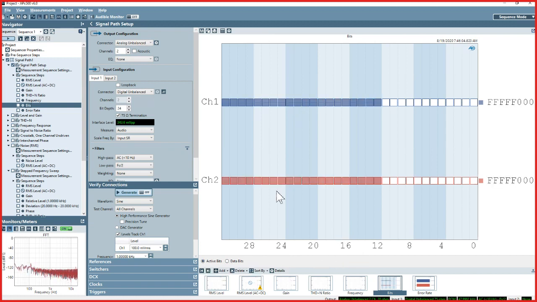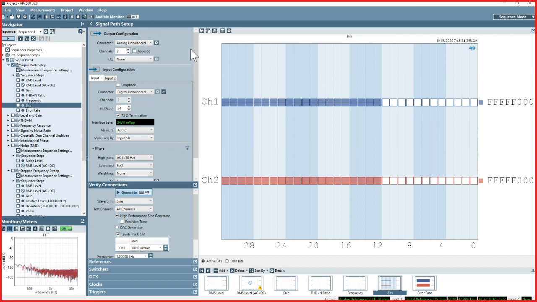Active bits fills in every bit that has transitioned states in the last second or so. And what this is useful for is this tells us right off the bat that this is a 16-bit audio device because the upper bits are not changing states, so they're just not being used.